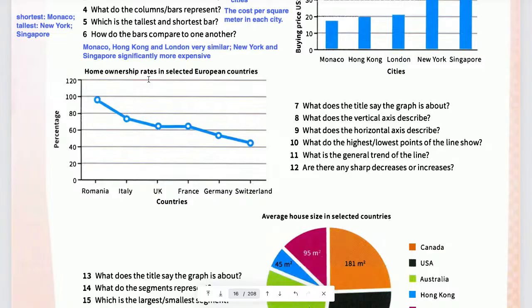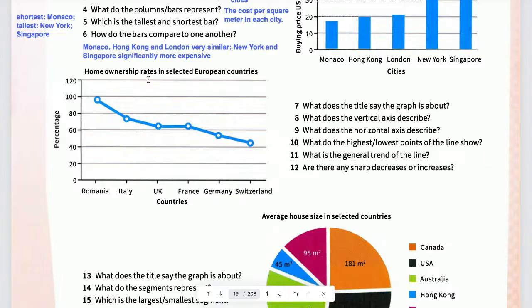Percentage. You can underline that and write percentage so you can understand more. Home ownership rates means home ownership percentage in selected European countries. That means some European countries which are selected in this list. That's how we understand that.